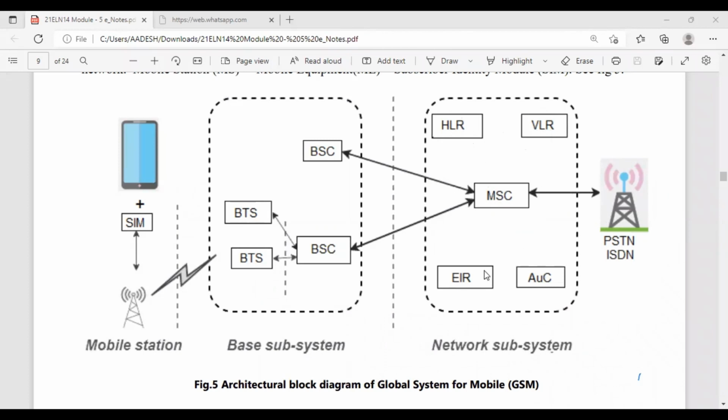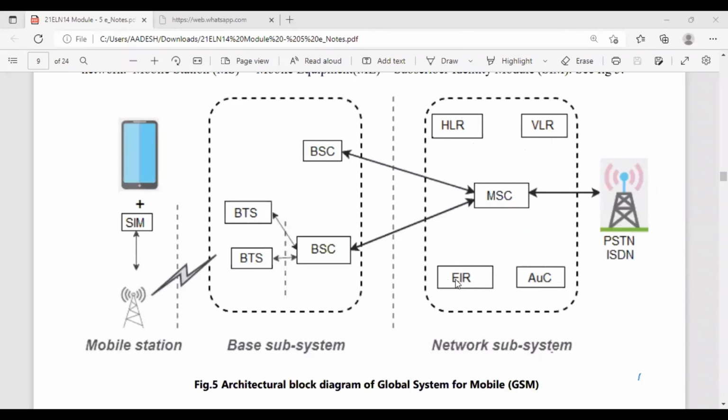Now what is the equipment identity register? It identifies the equipment, that is, whether the particular IMEI number which wants to use the service is a registered user or not.